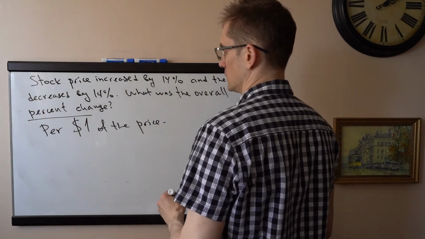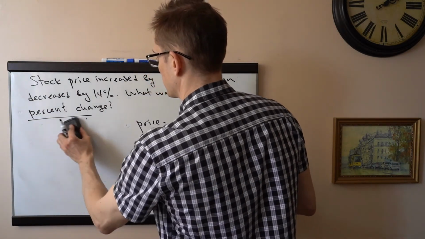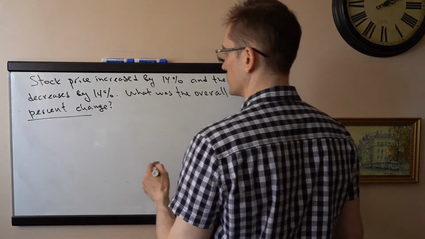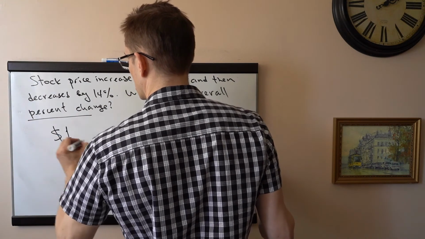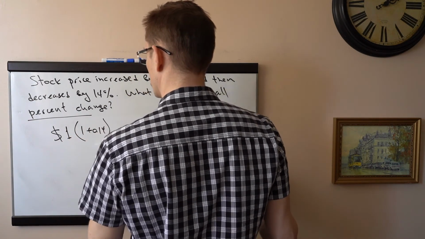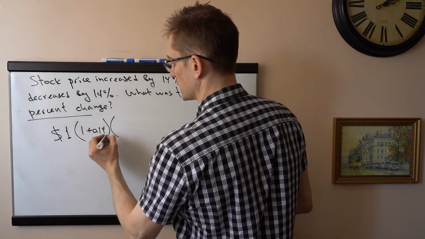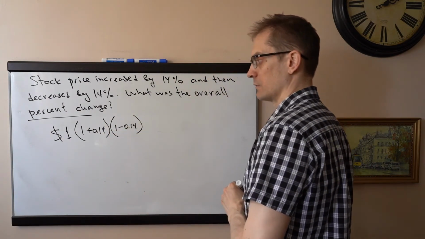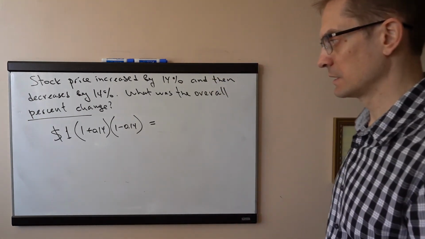Well, let me just, to save space, now I'll remove this phrase, and we keep in mind we're doing it per $1 of the price. So $1 is increased by 14%, so 1 plus 0.14, and then whatever it became, it got decreased 14%. Let's find what it results in.